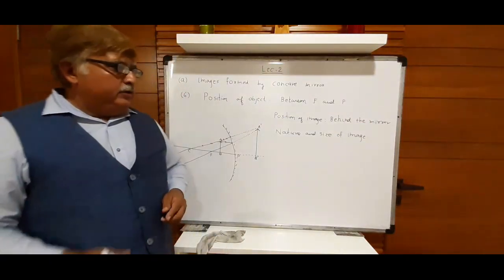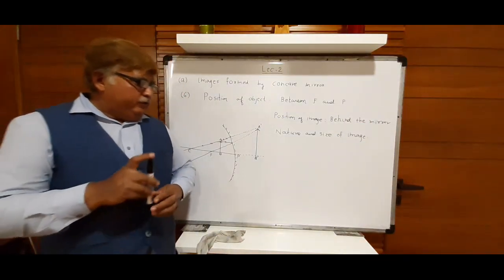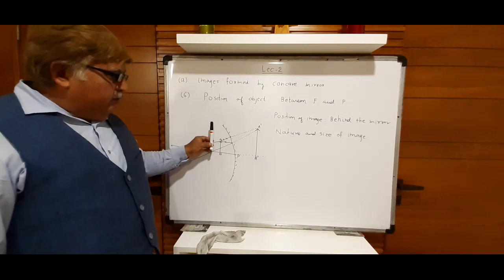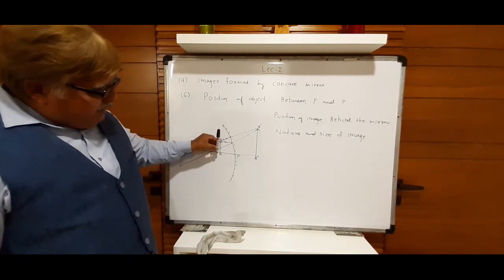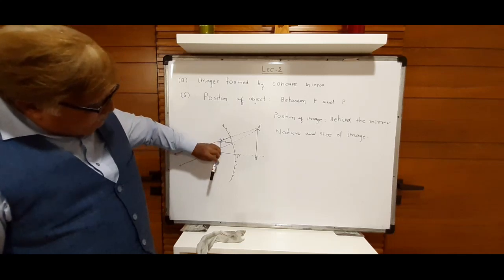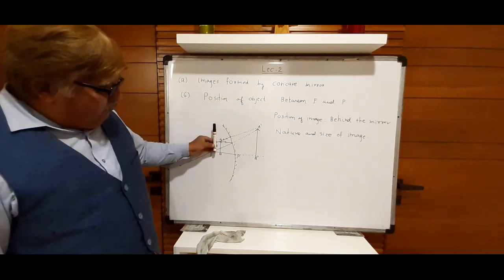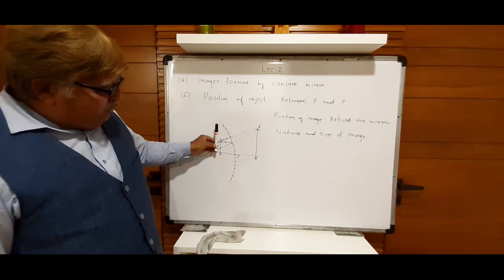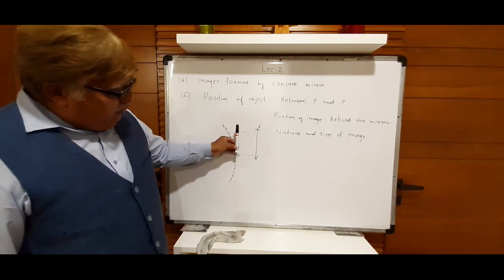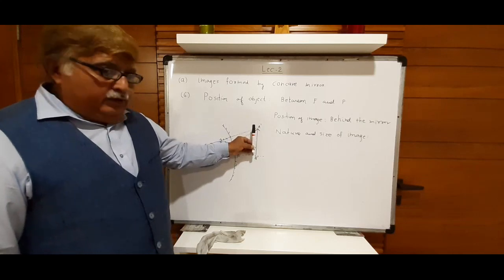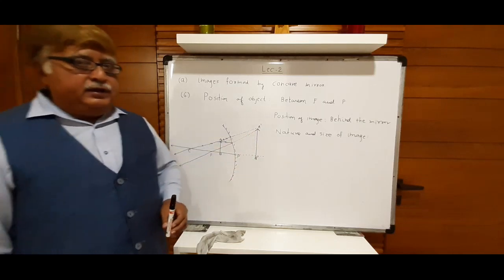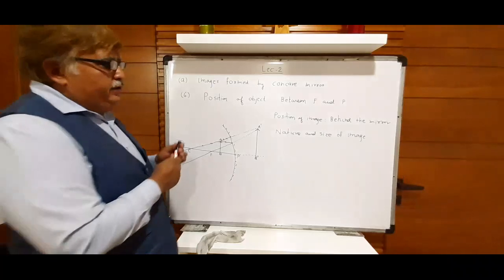Written, behind the mirror. Now can you guess? Till the fifth case, the object was upright and the image was inverted. For the first time we are seeing the object upright and the image also upright. So the image is obviously not real and inverted, but exactly the contradictory words.